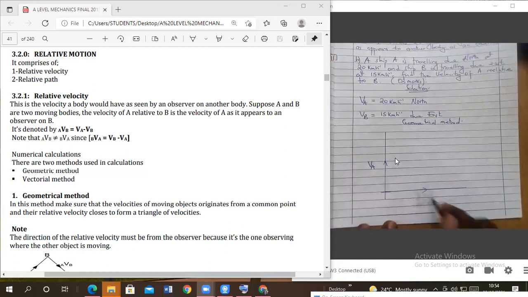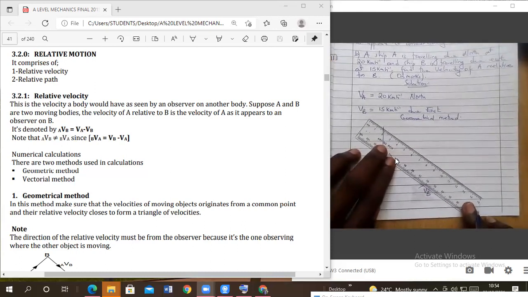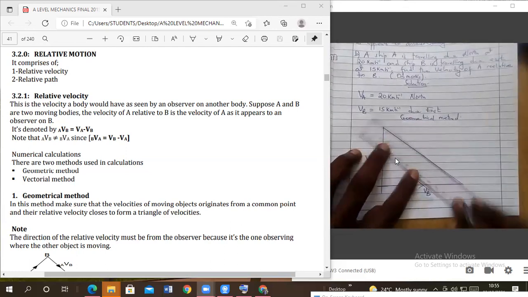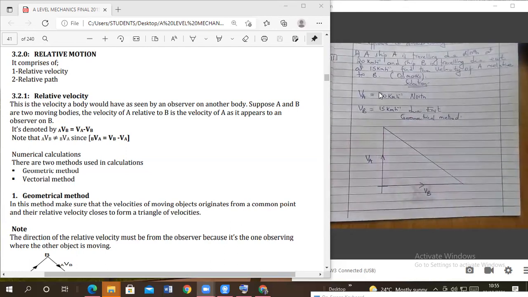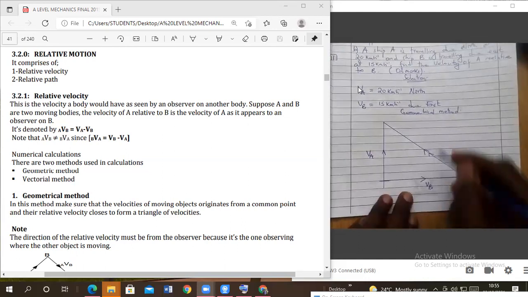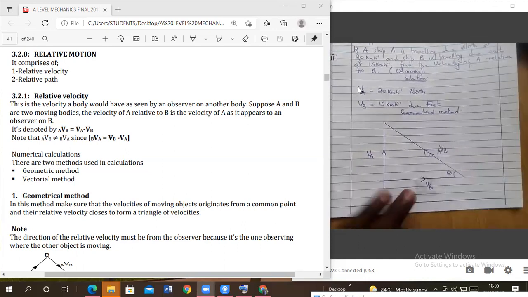Just complete that triangle to give the relative velocity. What will be the direction of the relative velocity? B is the observer, which means it must take this direction. So this is A relative to B. The direction will be here, theta.